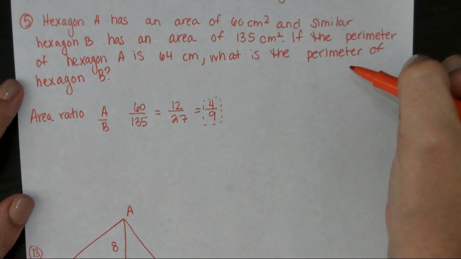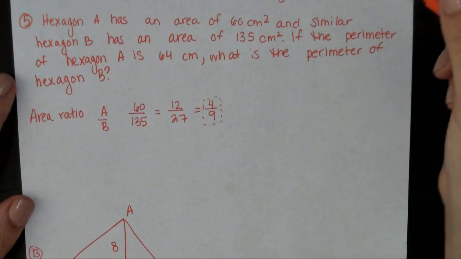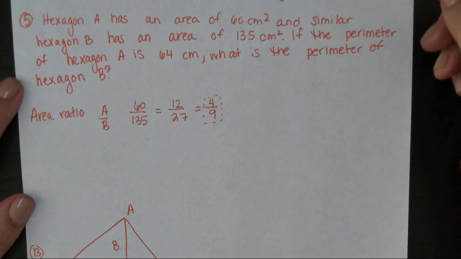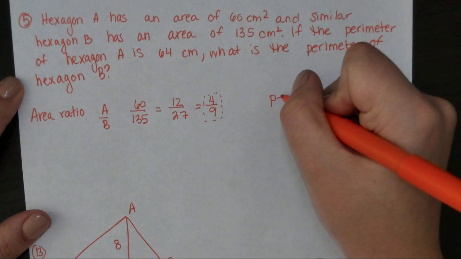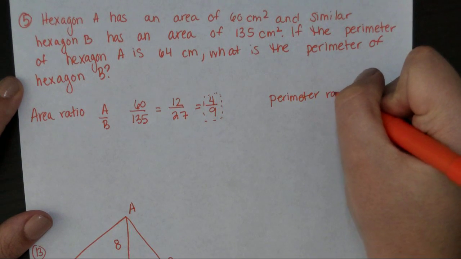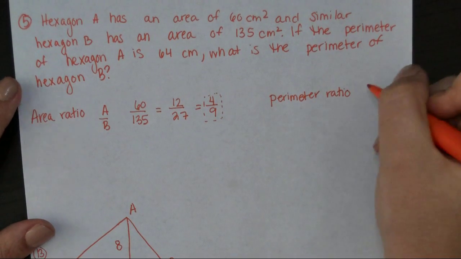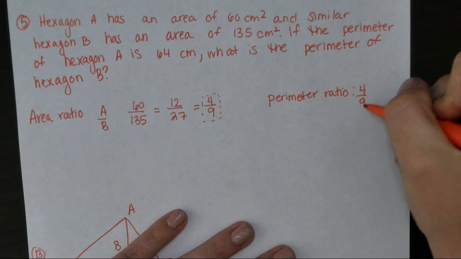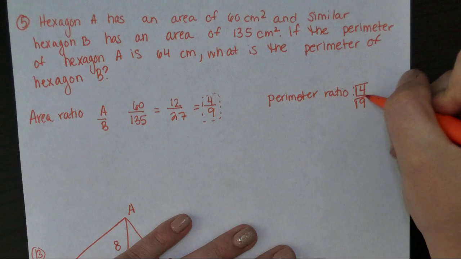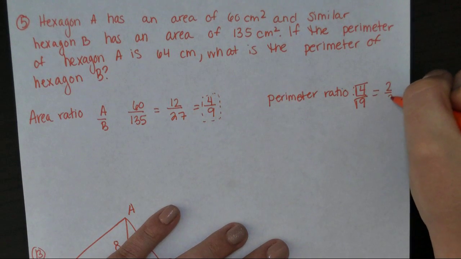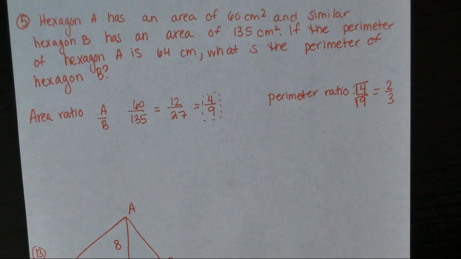If we want to find the perimeter of hexagon B, knowing the perimeter of hexagon A, we need to find the perimeter ratio. Okay, what we do for that is we take 4/9 and find the square root of the numerator and the denominator. So 2/3 is the perimeter ratio.